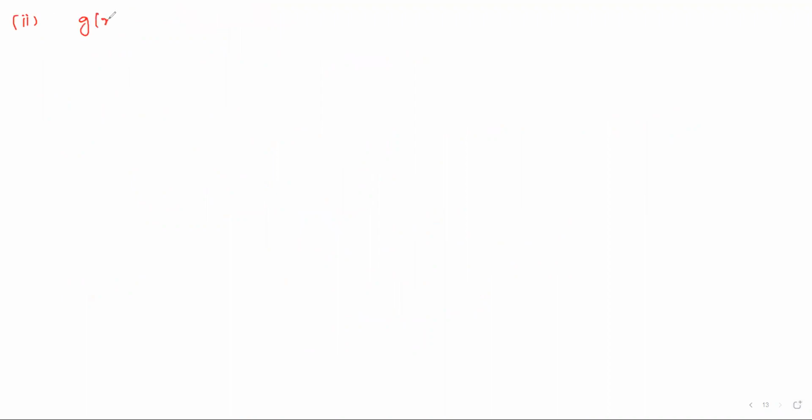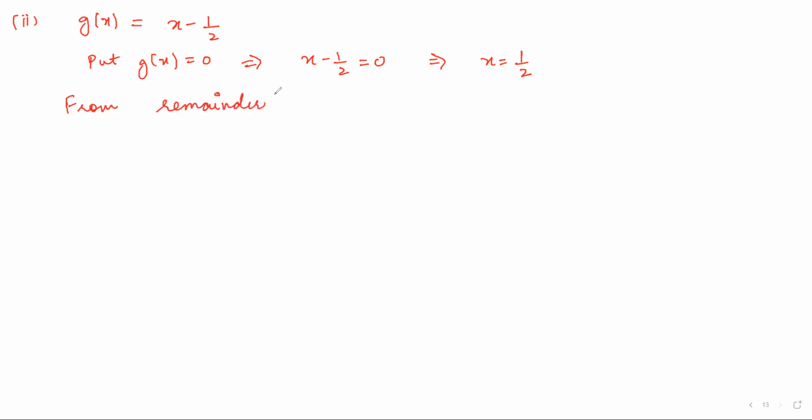Now your g(x) is x minus half. Again, put g(x) equal to 0 first of all. So x minus half is equal to 0, and this gives you x equal to half. From the remainder theorem, your remainder is equal to, what was your polynomial?